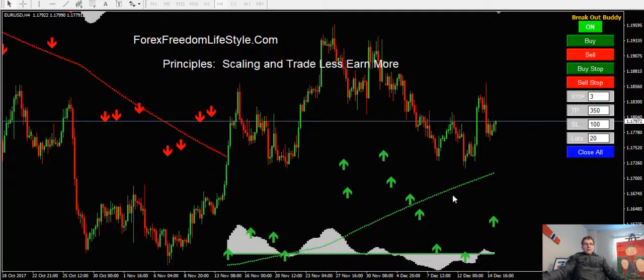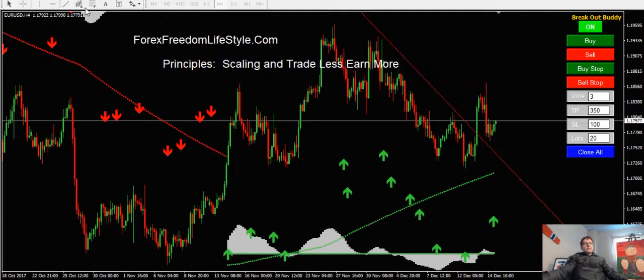So we're in an uptrend right here as indicated by our indicator built for FoxFreedomLifestyle.com called Breakout Buddy. It's called Breakout Buddy because it finds breakouts. So let's talk about the breakout we have right here, right now.